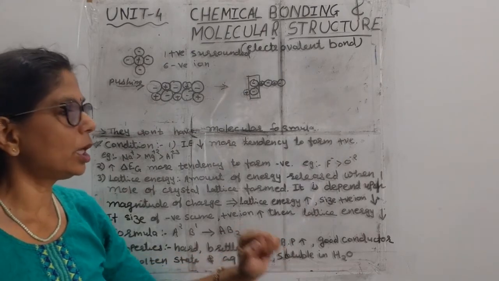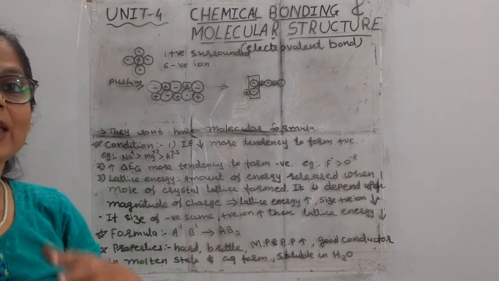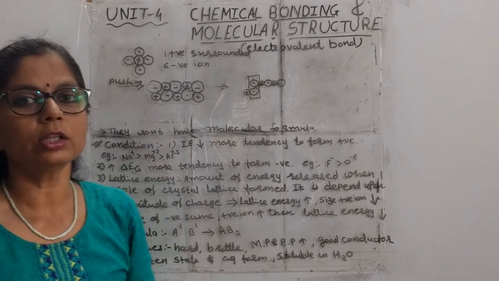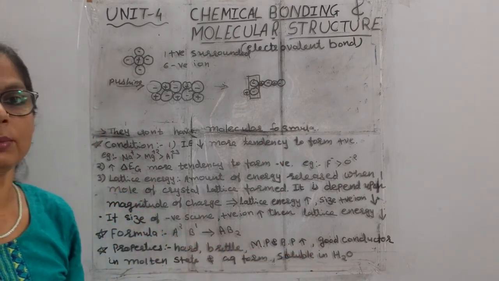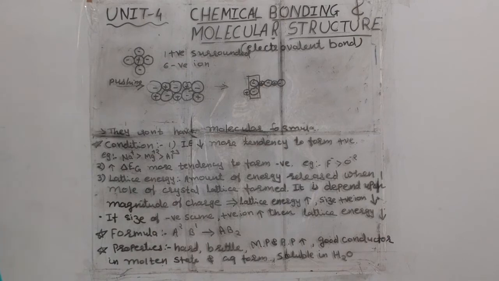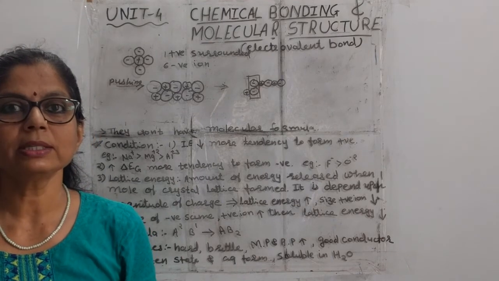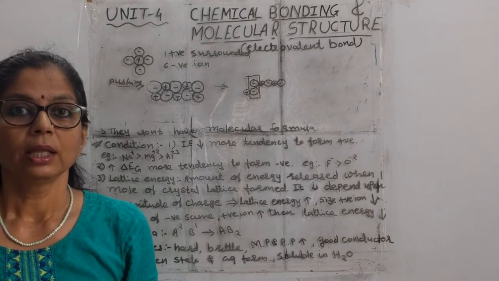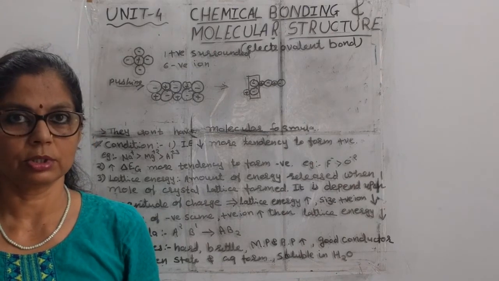Same way, melting point and boiling point. If we are talking about the melting point and boiling point, they are also very high, because here also the electrostatic force of attraction plays a very important role. So melting point and boiling point are high due to electrostatic force. Generally in the normal condition, in the solid state, they are not good conductors of heat and electricity.